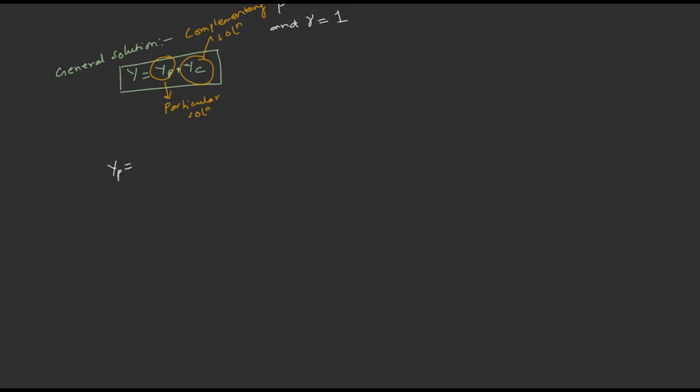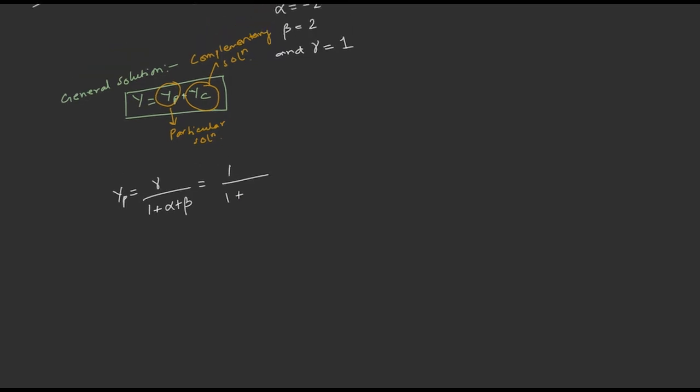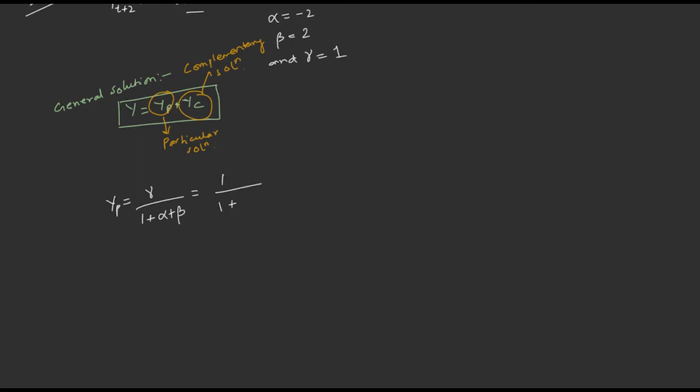yp equals, as I have written earlier, gamma by 1 plus alpha plus beta. We have got the values of gamma, beta and alpha. What is alpha? Minus 2. And what is beta? Plus 2. Right?